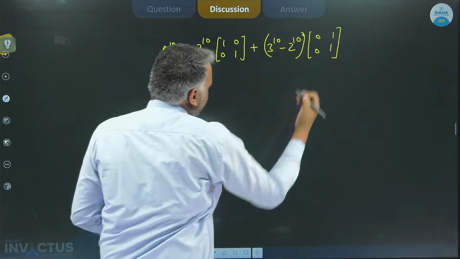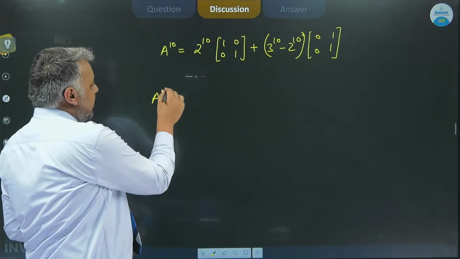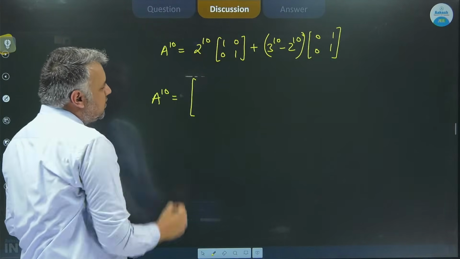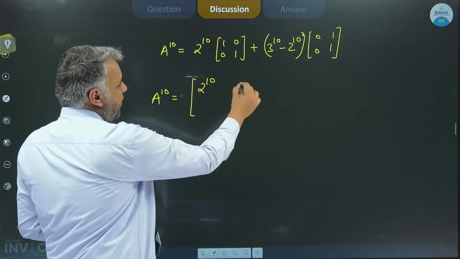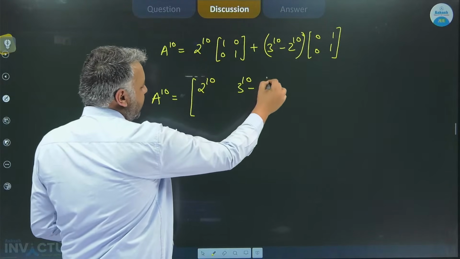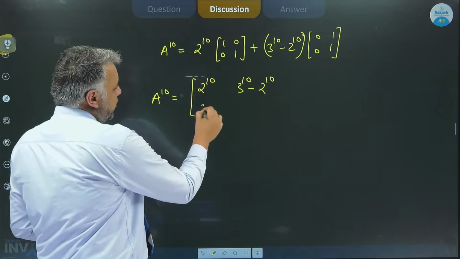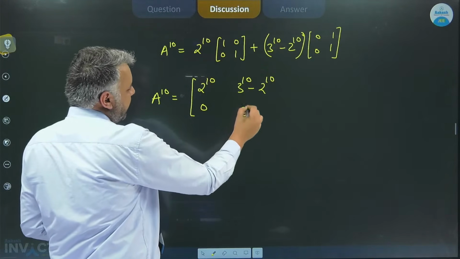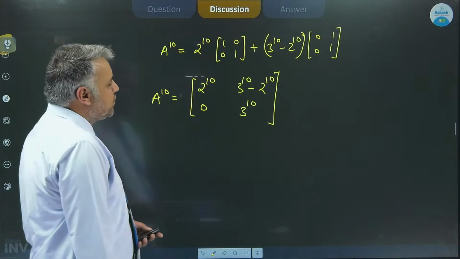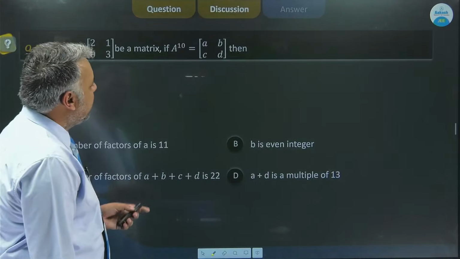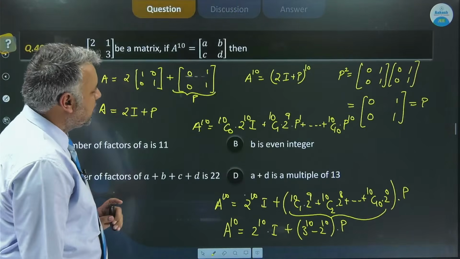If we calculate A power 10, this will be 2 power 10, 3 power 10 minus 2 power 10 here, 0 here, and 3 power 10 here. So this is A power 10, which was written as a, b, c, d.